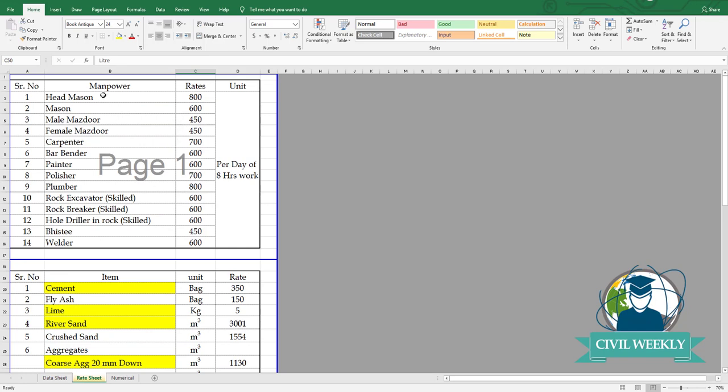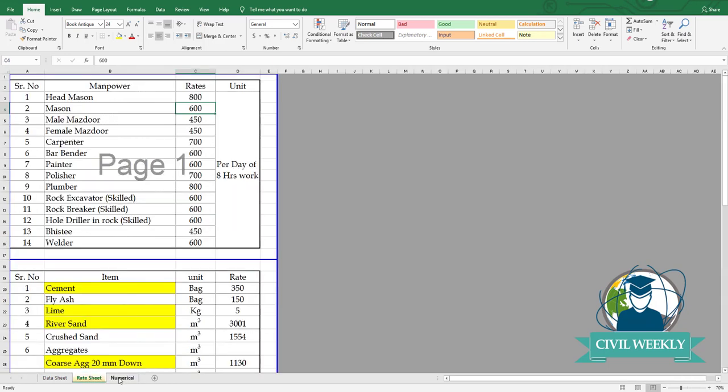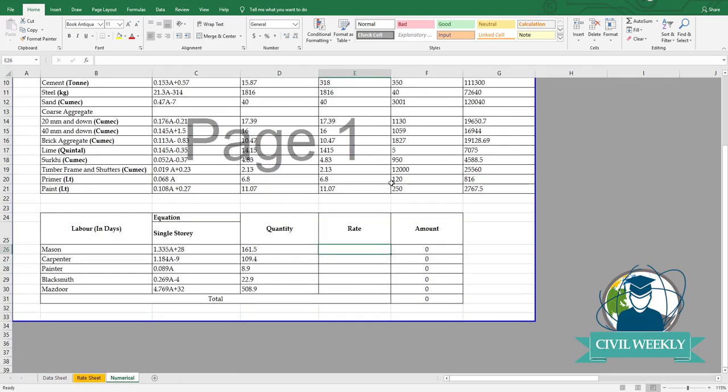So for head mason we have to pay 800 rupees per day. For mason we have to pay 600 rupees per day, and per day of 8 hours of work is considered. So here also we are getting the labor in terms of days. So we just have to consider this as a standard quantity, and the rates we have to take from a rate sheet. So mason, he is having the rate of 600 rupees.